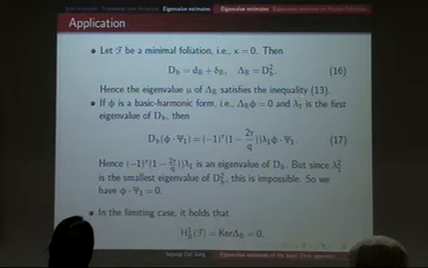Then we have this equation. This means this one is an eigenvalue of D_V. But lambda 1 is the smallest, so this is impossible. So in other words, P psi 1 is equal to 0. That means in the limiting case, where the foliation satisfies the equality, the first basic cohomology group H_B^1 vanishes.